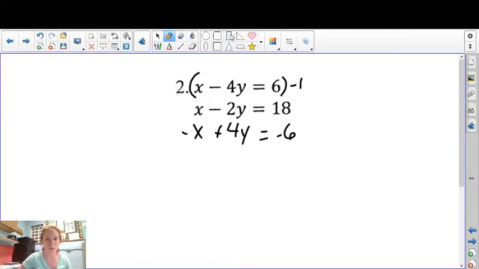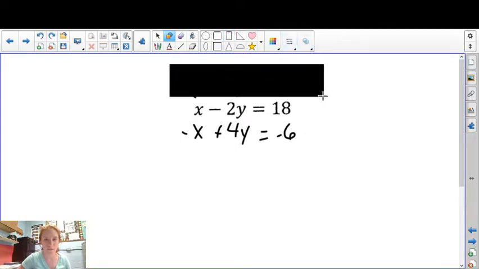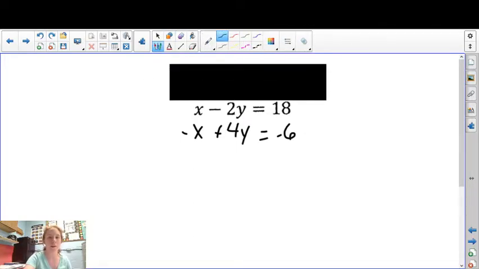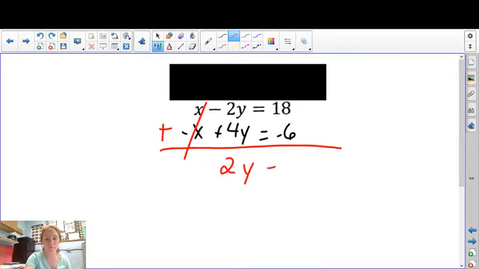We are going to pretend that he's gone, and we're going to just work with what I have. So they're gone. -2 plus 4 gives me 2, and 18 minus 6 gives me 12. Divide both sides by 2. Y is equal to 6.